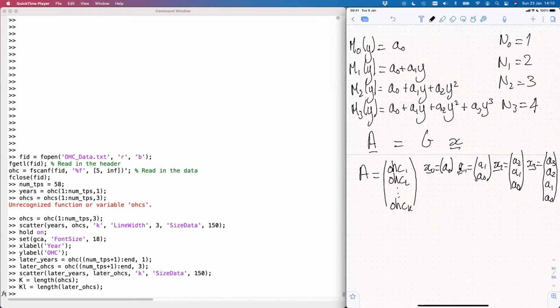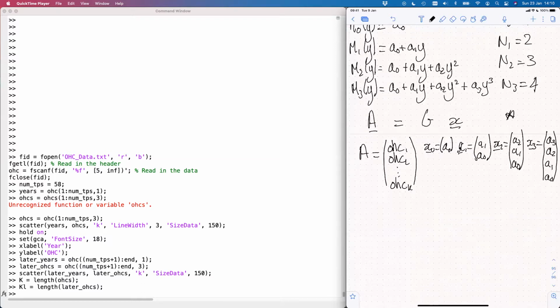So to solve this matrix equation, then we simply need to define the design matrix G for each of these different problems. And it's fairly straightforward to see that for model number 0, G0 is equal simply to a column of ones.